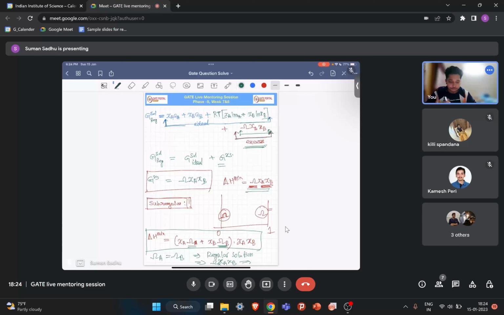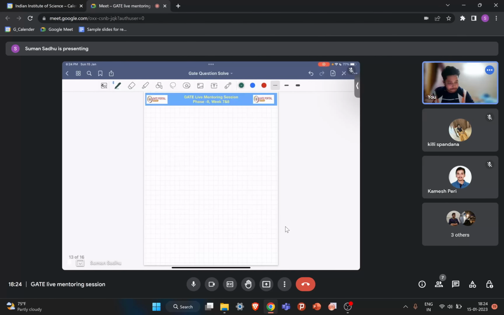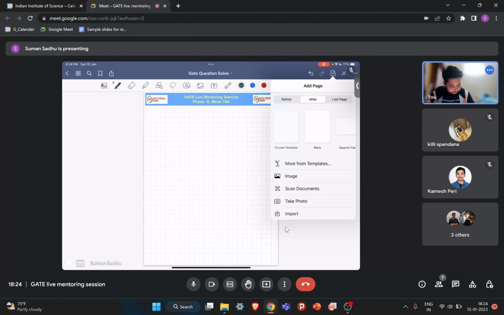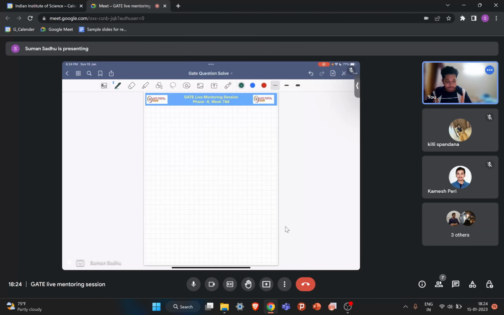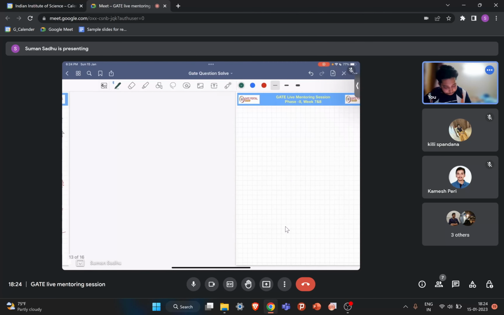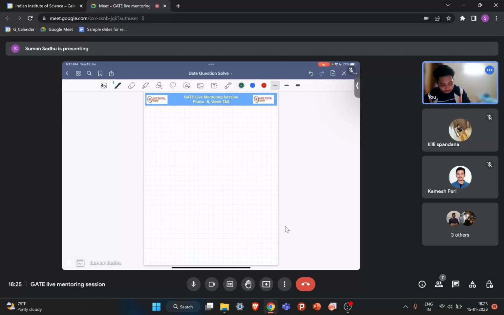So now let us move to the concept of the miscibility gap and also how to draw the free energy versus composition diagram. So let us write again the delta G mix. Delta G mix is delta H mix minus T delta S mix.